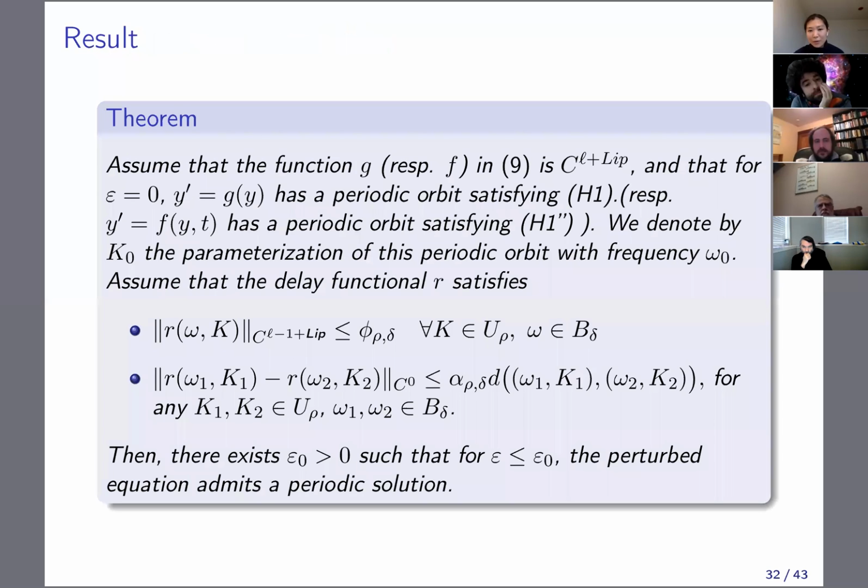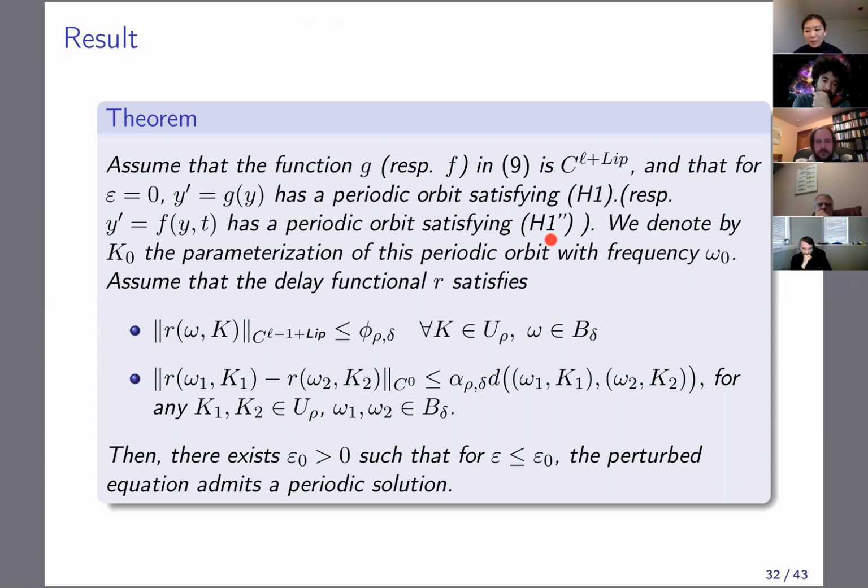Our main result for the small delay case is like this. We will assume that the equation is C^L plus Lipschitz, and we still assume the assumptions on the periodic orbits of the unperturbed equation. In the autonomous case, we assume the monodromy matrix has simple eigenvalue 1, and in the non-autonomous case, we assume the monodromy matrix does not have eigenvalue 1.